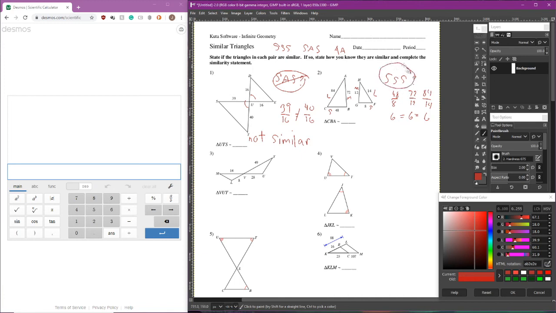You can circle that. And now the trick is to write the similarity statement in the right order. Angle C is the first one that they start with, and it moves to angle B, and then to angle A, CBA. We have to do that same order corresponding with the triangle on the right.